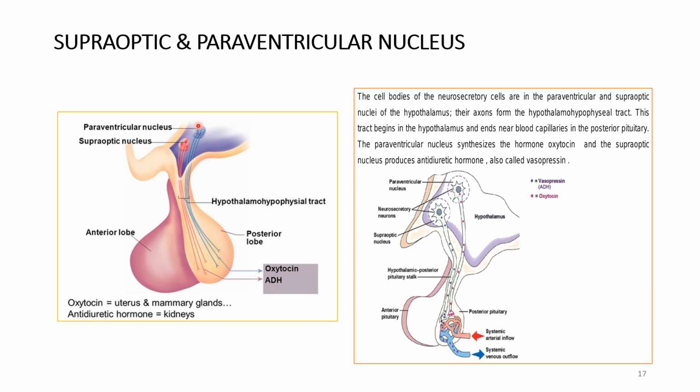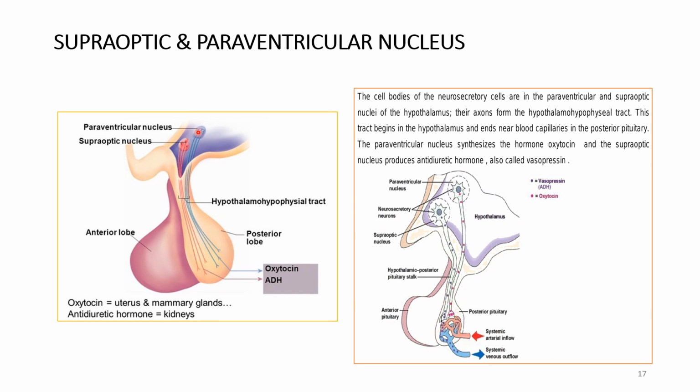Their axons descend down towards the posterior pituitary in the form of the hypothalamo-hypophyseal tract. This tract begins in the hypothalamus and ends near the blood capillaries in the posterior pituitary.